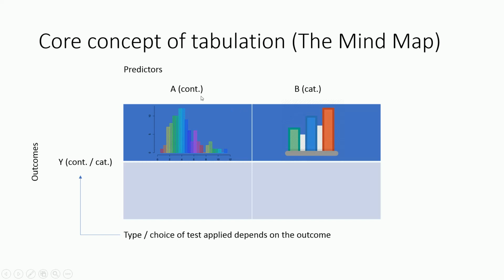But you can keep multiple continuous variables or multiple categorical or a mixture of them on the x-axis, and you can keep the outcome or the outcomes on the y-axis. And this is basically to get started. Now all the tests that you will perform will actually depend on what you keep on the y-axis, whether it's a continuous or a categorical variable. So let's go ahead and understand what I meant by saying that.